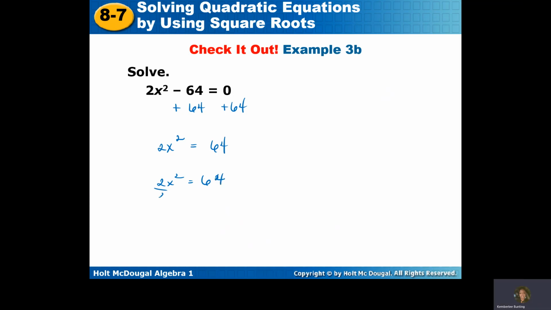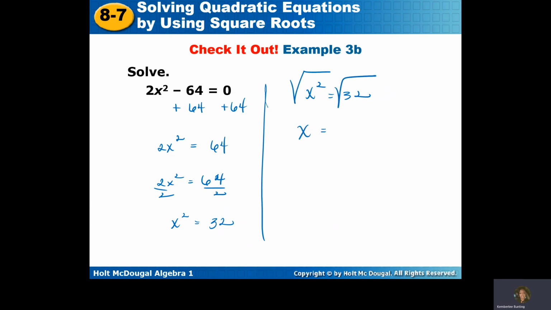Divide both sides by 2. And I get that x squared equals 32. Now what do I do? Square root both sides. And I get that x equals positive or negative root 32.